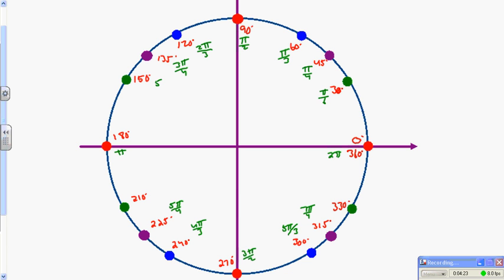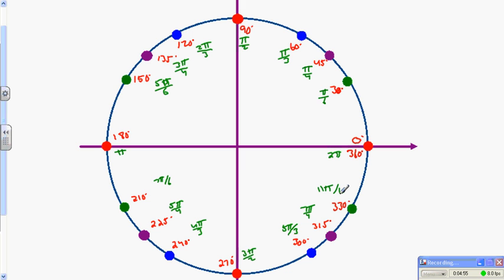And it's 5 pi over 6. 6 pi over 6. 7 pi over 6. 8 pi over 6. 9 pi over 6. 10 pi over 6. And 11 pi over 6. Everything else reduced. Okay, that's our radians and degrees.